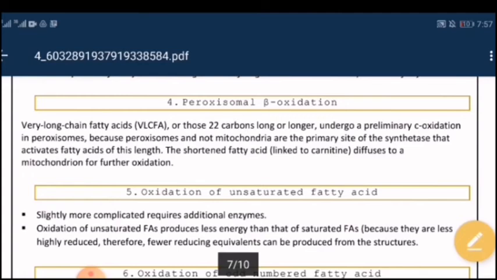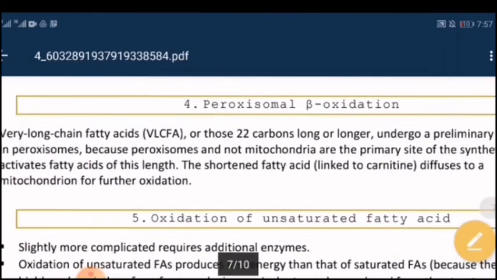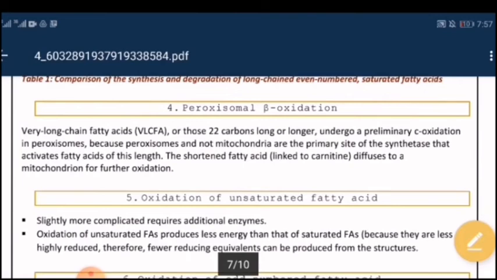First, these fatty acids are going to be oxidized inside peroxisomes instead of the mitochondria. After repeated cleavage, the very long chain fatty acids are going to turn into long chain fatty acids, which are now available to be linked to carnitine and go through the previous steps.